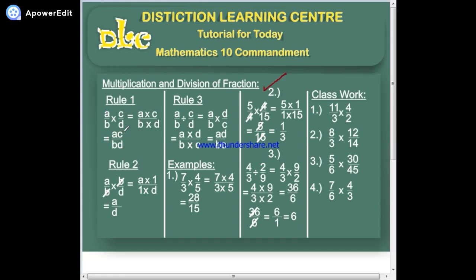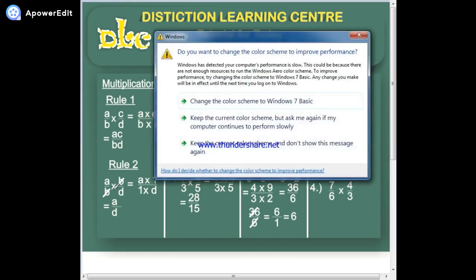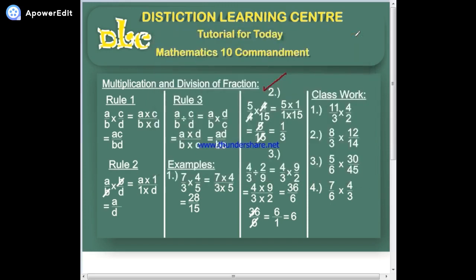Rule 2 says A over B times B over D. What this rule is trying to explain is that for any number or fraction that is divisible, you divide it. Where a numerator is divisible by a denominator, you simplify it by dividing.